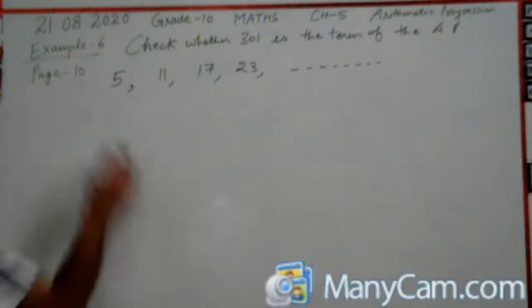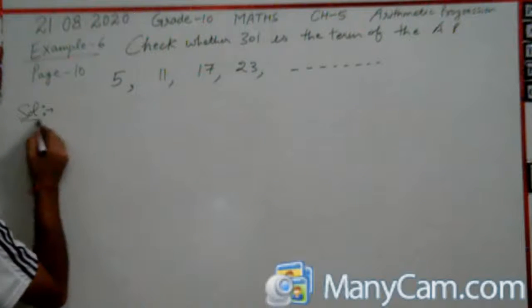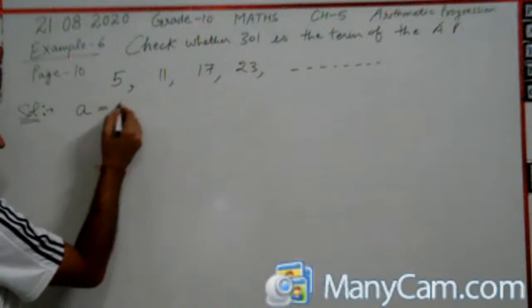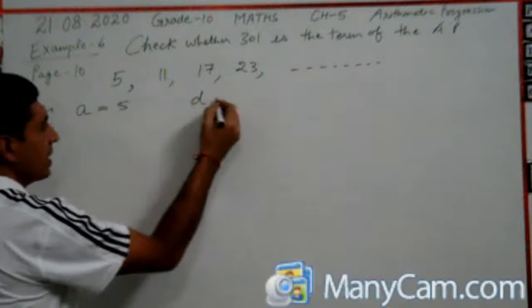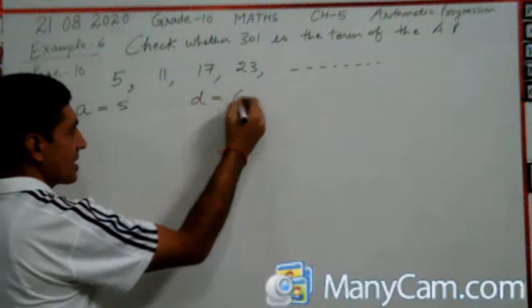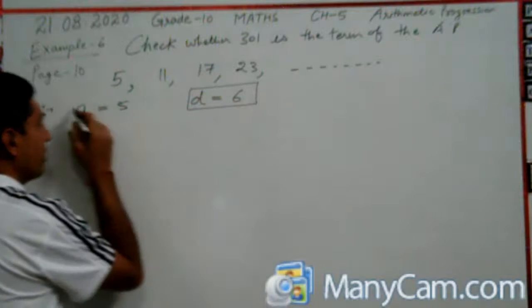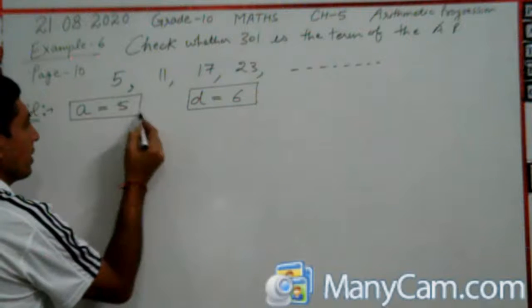Now, what is a? Solution: in this AP, a is 5. What is d? d is 11 minus 5, which is 6. We have both a and the common difference given.